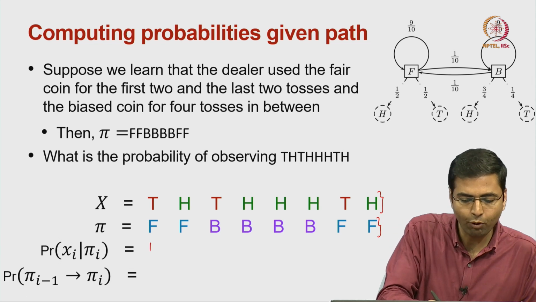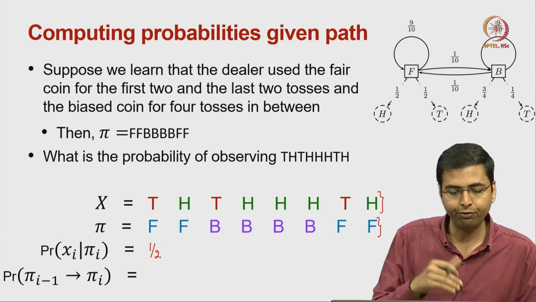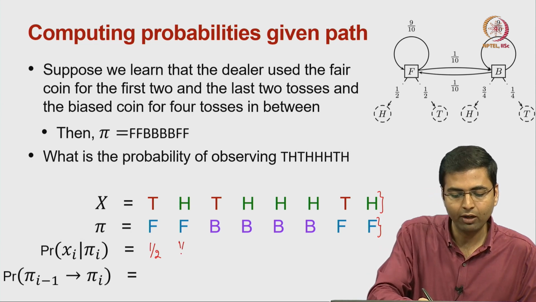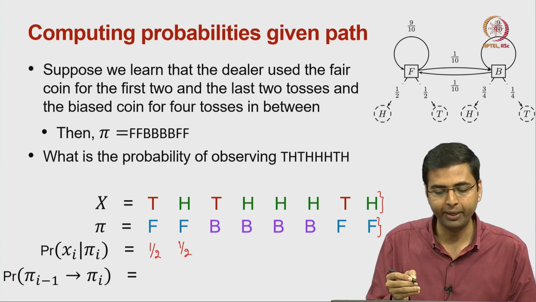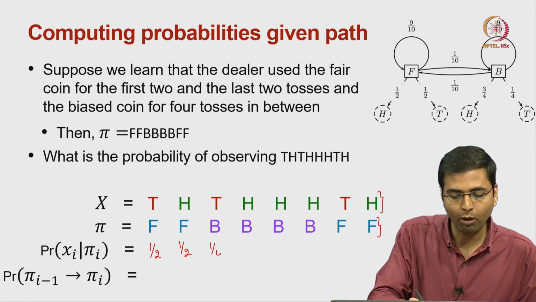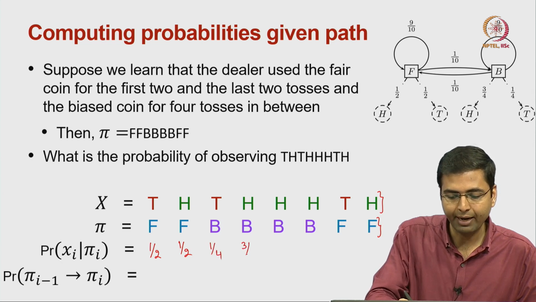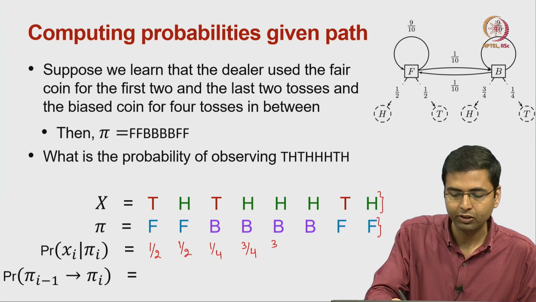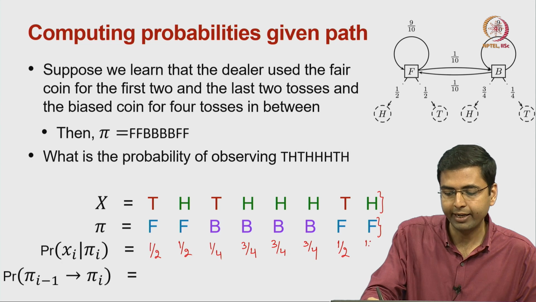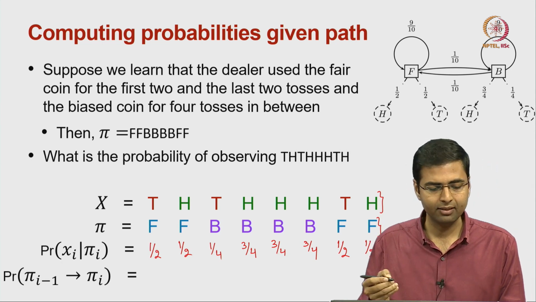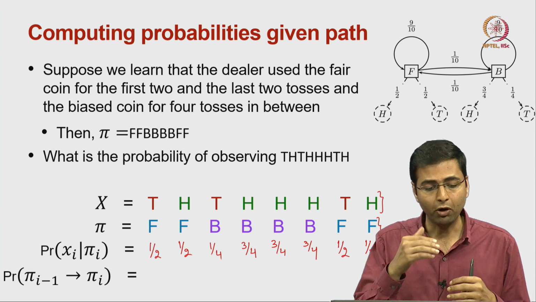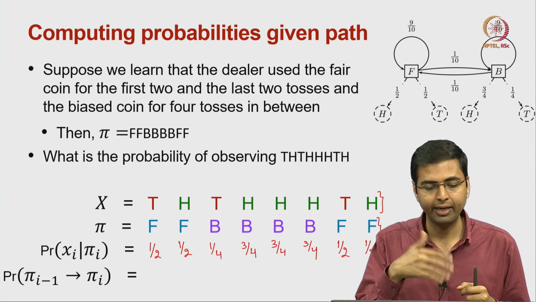The probability of that happening is half, because a fair coin emits tail with half probability. Similarly, a fair coin emits head with half probability. The biased coin emits tail with 1/4 probability, and head with 3/4 probability, 3/4, 3/4, then 1/2 and again half. This is because we know from the emission matrix the probability of seeing head or tail at a particular state.